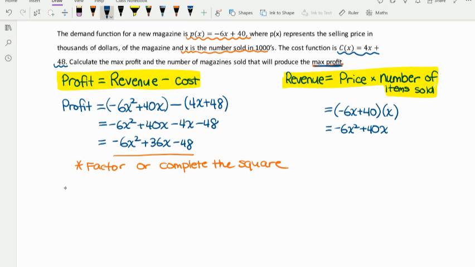So let's take our function. I'm going to common factor negative 6 out of all of it. So negative 6 times x squared minus 6x plus 8. Because I've taken out a negative 6, I switched all the signs.